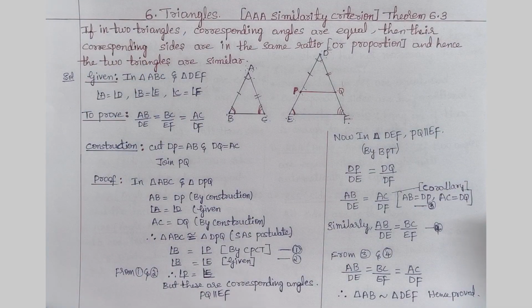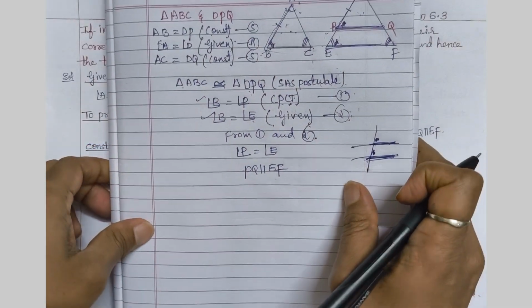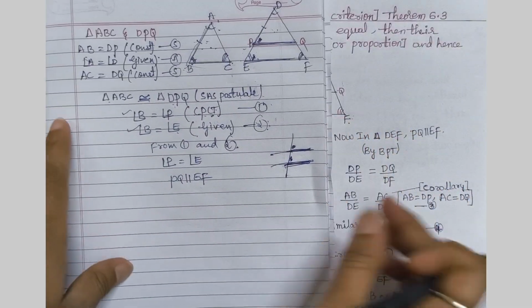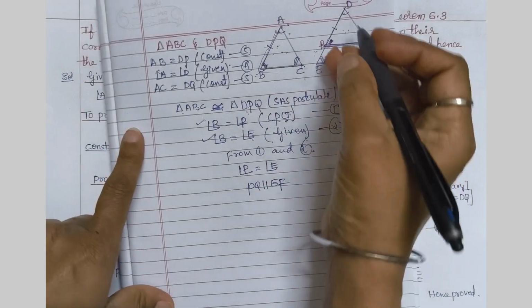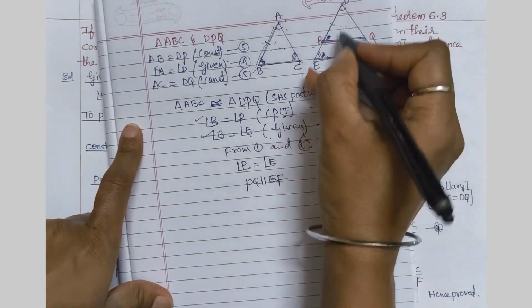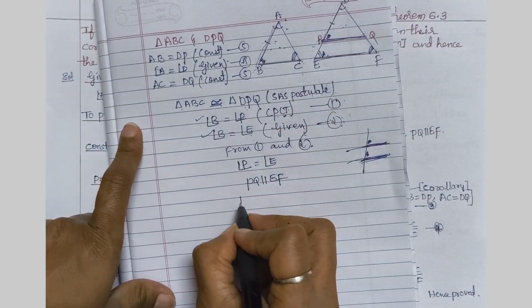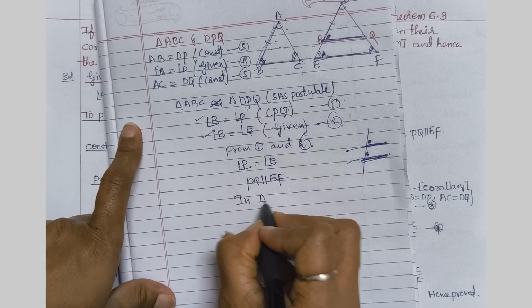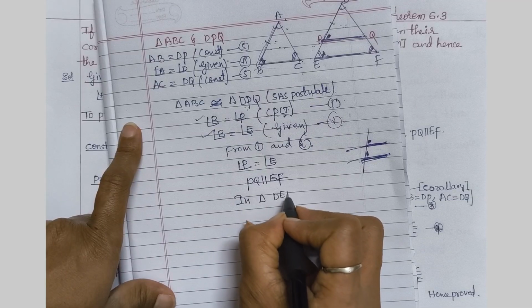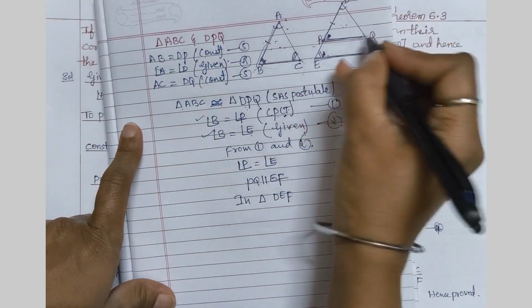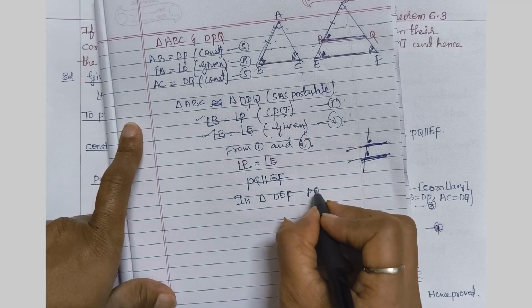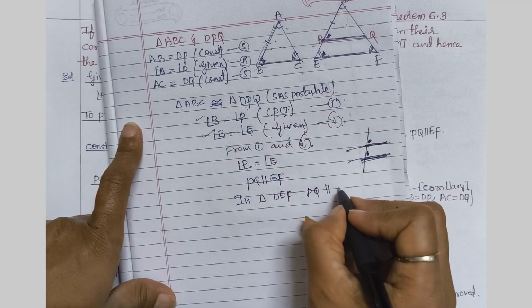Now in triangle DEF, listen carefully. In triangle DEF, PQ is parallel to EF.